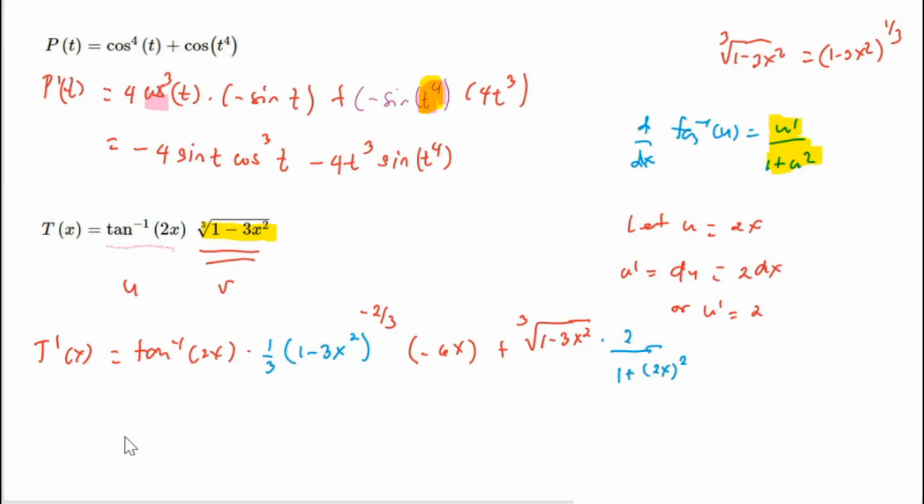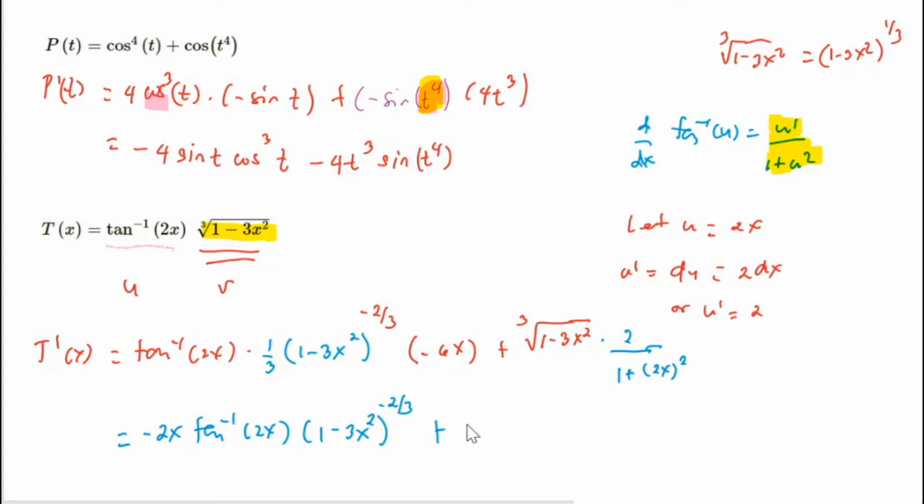Simplifying that one now, we have here the numerical coefficient of 1/3 times negative 6x, which gives us negative 2x. So I have negative 2x times the arctangent of 2x times the quantity of 1 minus 3x squared to the power of negative 2/3, plus the product of this.